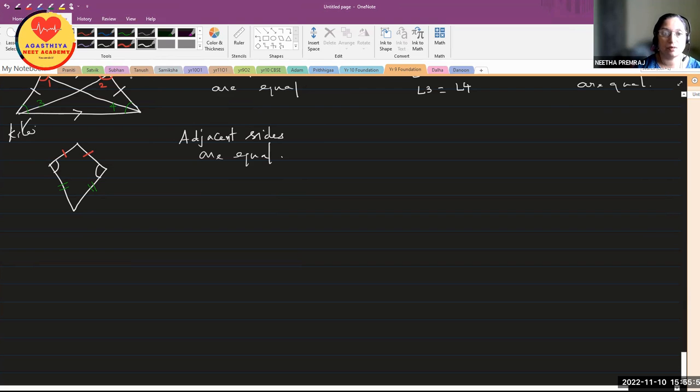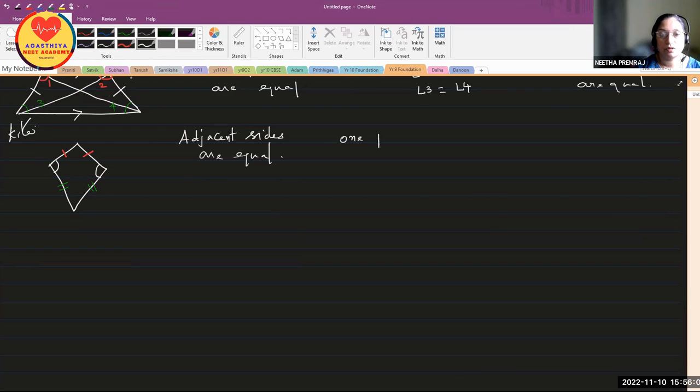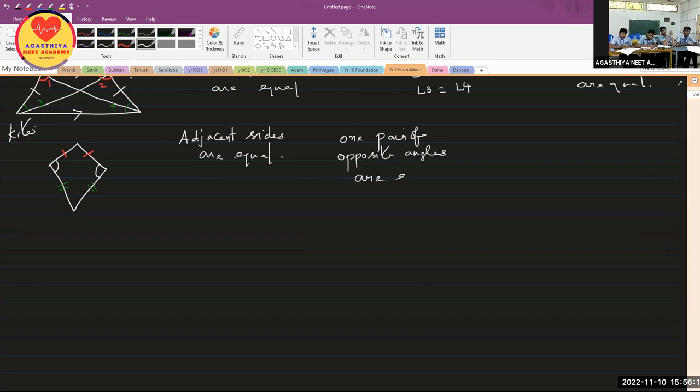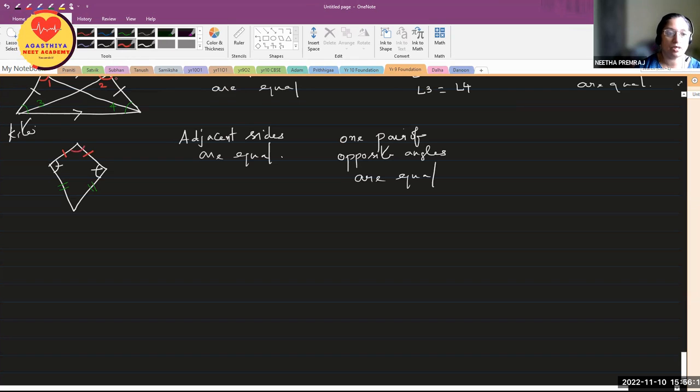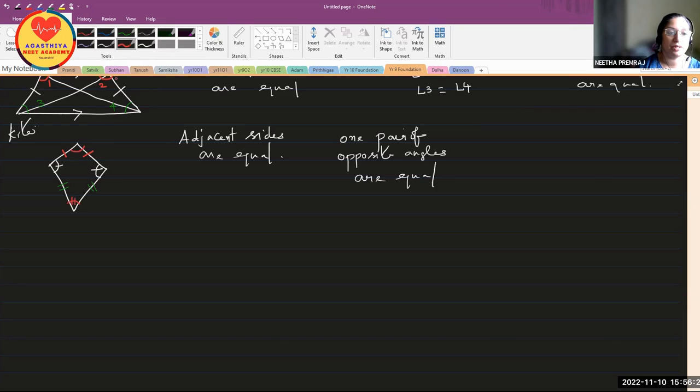I can write this way: one pair of opposite angles are equal. These two are equal, but these two are not equal. They are different in measure.